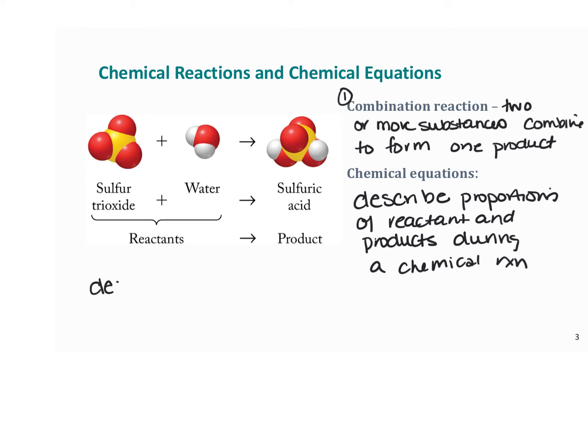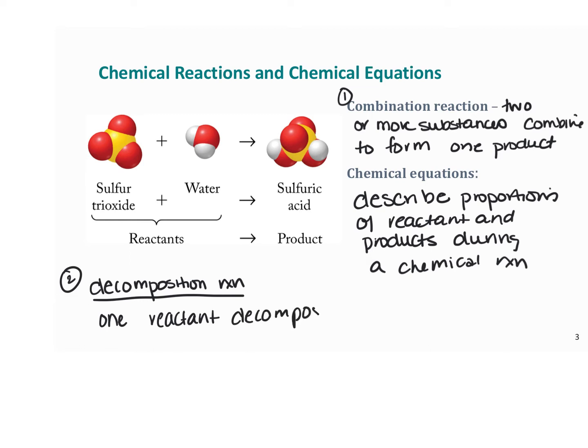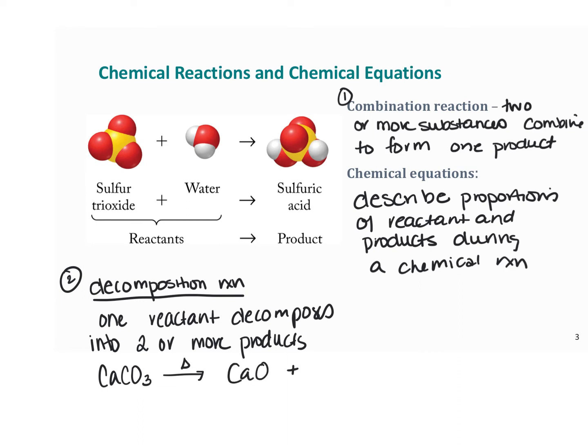Now, we can also have something called a decomposition reaction, which I like to think of as the opposite of a combination reaction, where one reactant decomposes into two or more products. And so an example would be when calcium carbonate is heated, it decomposes into calcium oxide and carbon dioxide. And so that would be an example of a decomposition reaction.